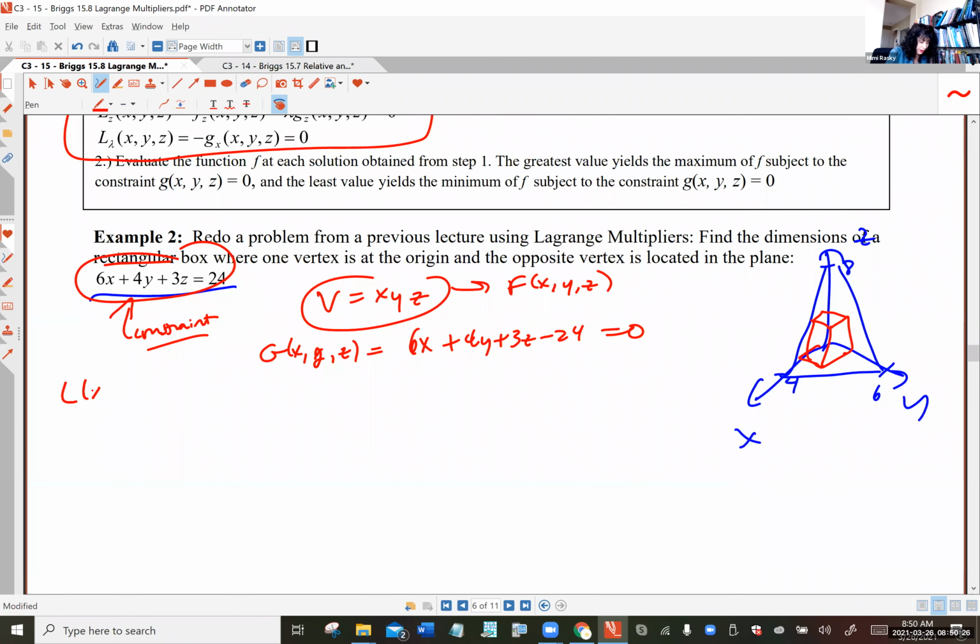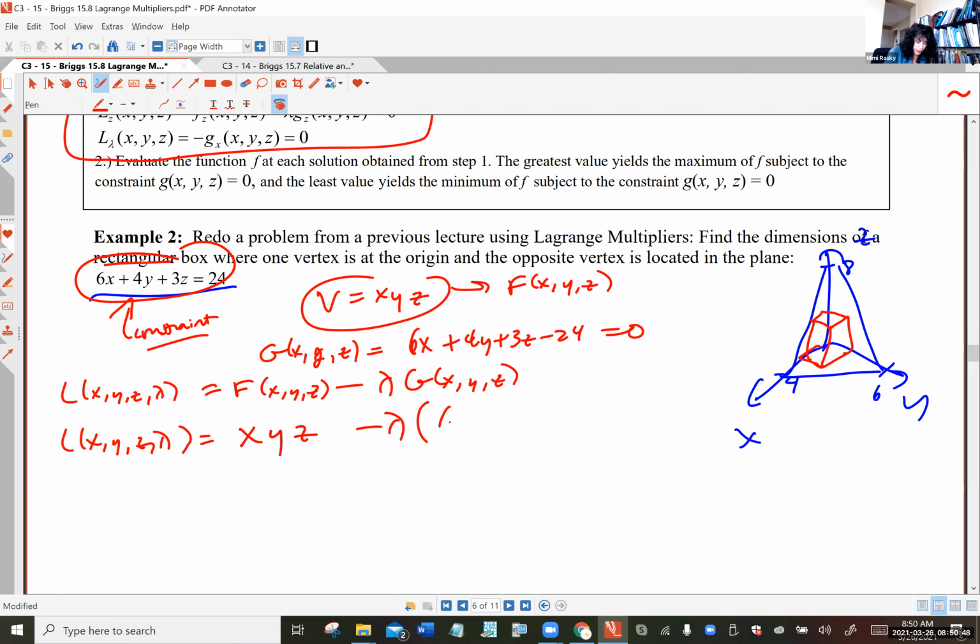So your big L, your Lagrangian, which is a function of 4 variables, is formed by taking your big F and subtracting lambda, that's your Lagrange multiplier, multiplied by big G. So for us, and this is what I'd like to see on your paper when you do these, xyz minus lambda times parentheses 6x plus 4y plus 3z minus 24.